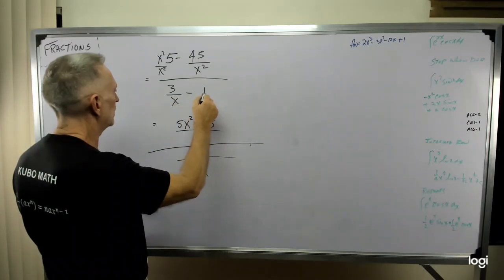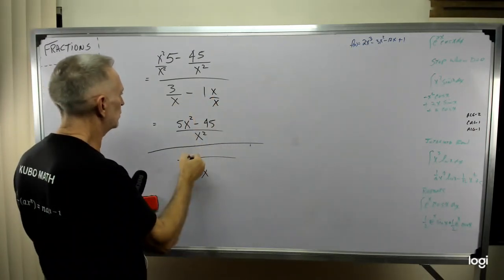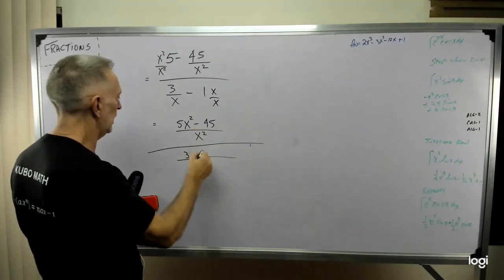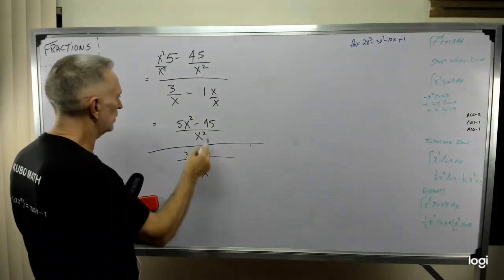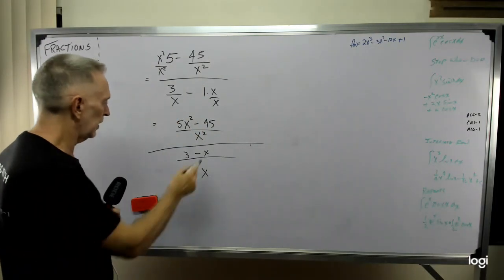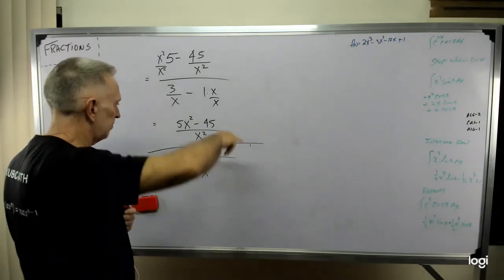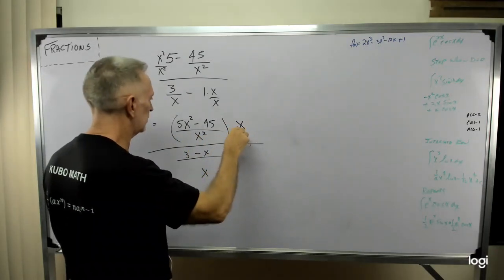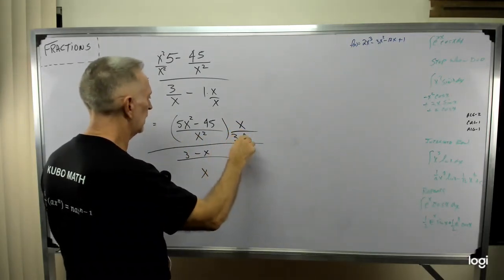So I need to multiply this side by x over x. So I have 3 over x minus x over x. So x times 1 is x. Okay, flip this guy up and multiply by x over 3 minus x.